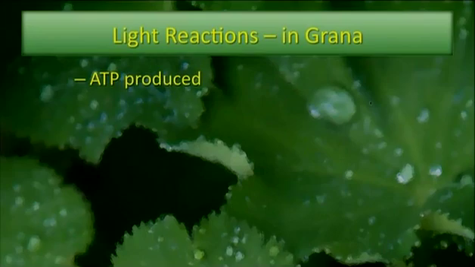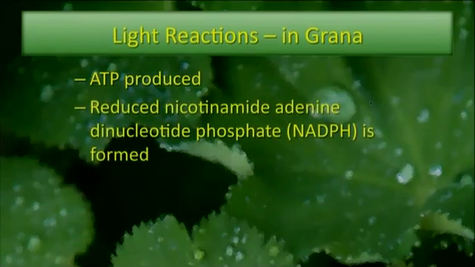Another thing that happens is that some of the hydrogens from the split water molecule are used to form reduced NADPH, nicotinamide adenine dinucleotide phosphate. That's reduced NADP. To remember NADPH, think of the P as standing for photosynthesis, because later we're going to be talking about NADH in respiration.